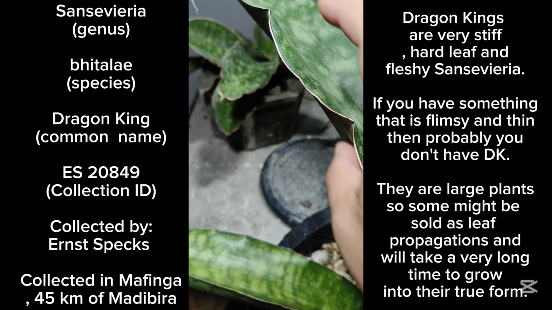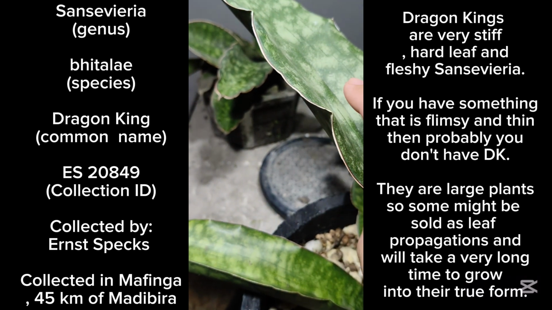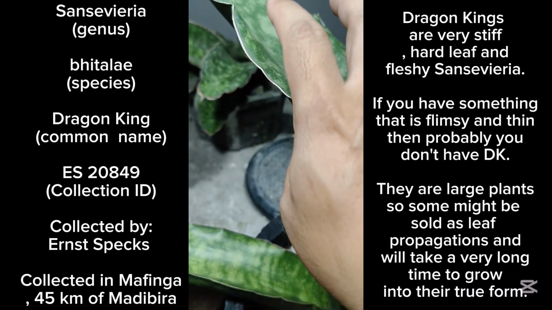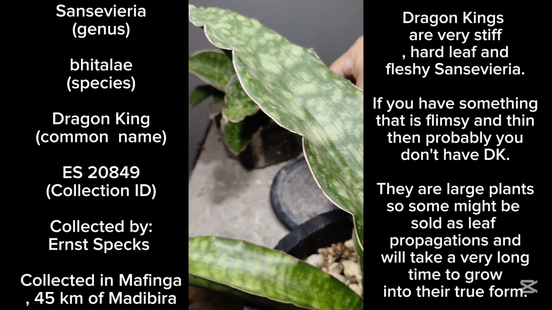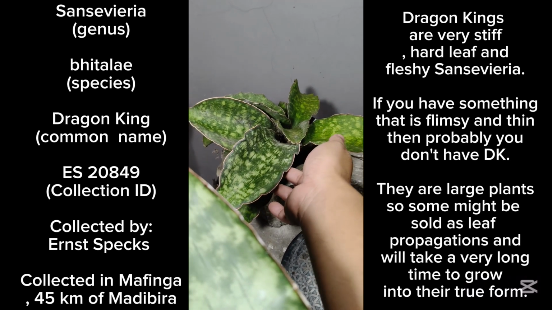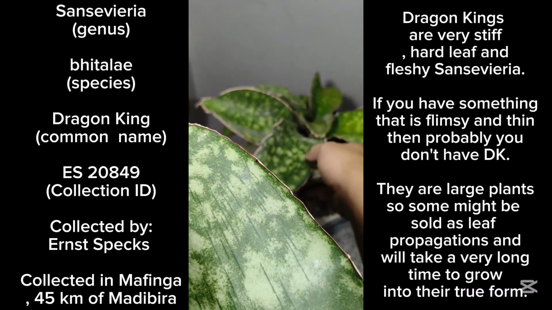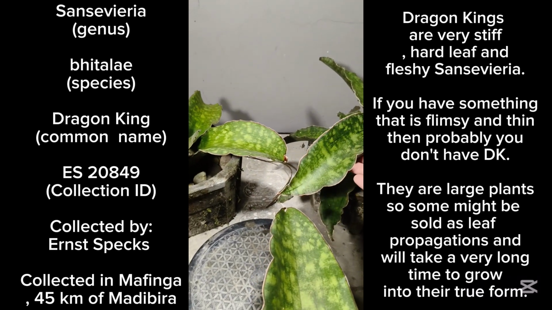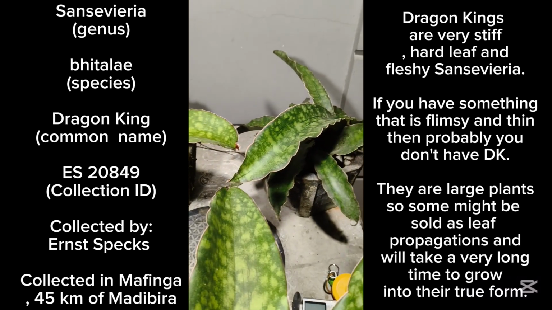The abaxial, or back part of the leaf, is rougher. It's still smooth though, but it's rougher compared to the front part of the leaf. Dragon Wing is also the same, a little bit rough compared to how smooth the upper portion of the leaf is. Same thing with Jade Dragon.